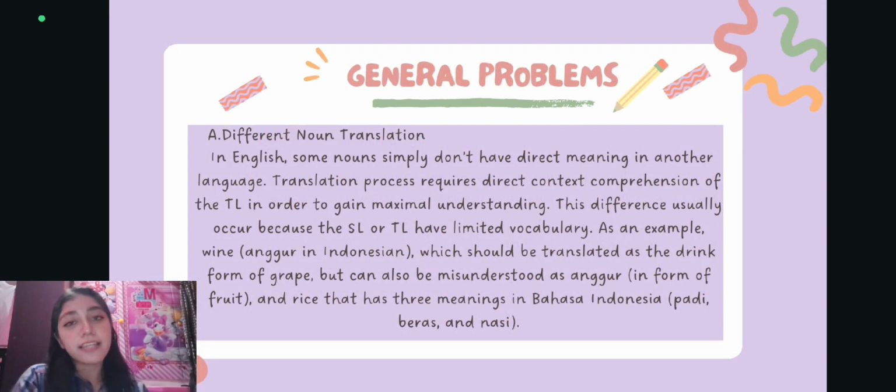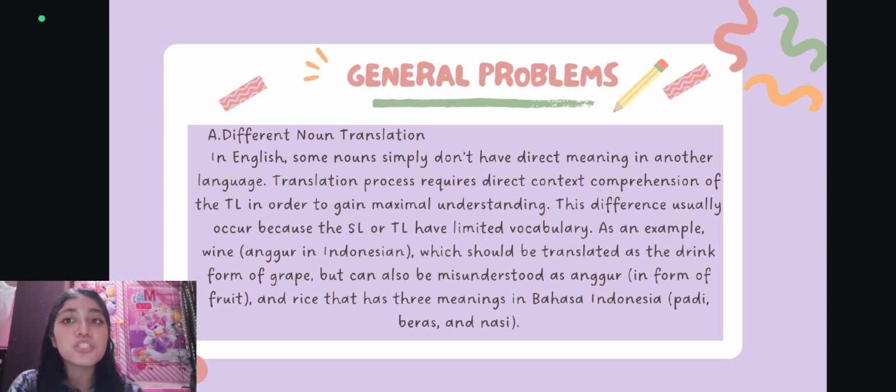Okay guys, and now I will explain about different noun translation. In English, some nouns simply don't have a direct meaning in another language. The translation process requires direct context comprehension of the TL in order to gain maximal understanding.